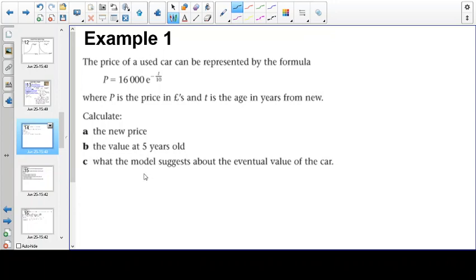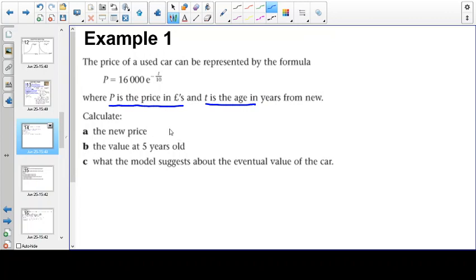Question 1. The price of a used car can be represented by the formula P equals 16,000 e to the minus t over 10, where P is the price in pounds and t is the age in years. Calculate the new price.